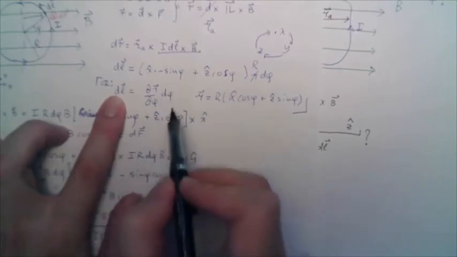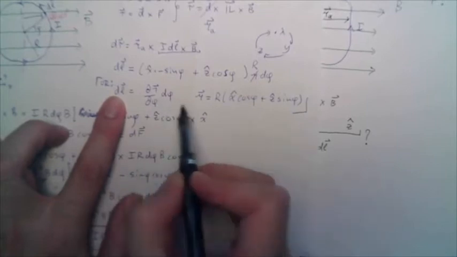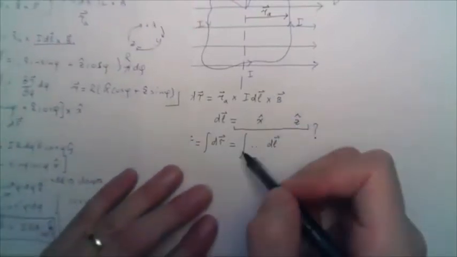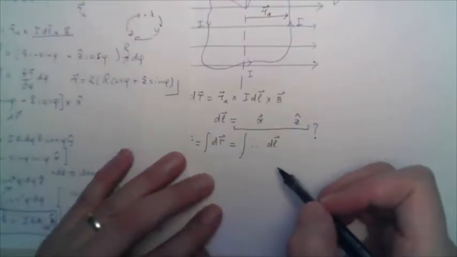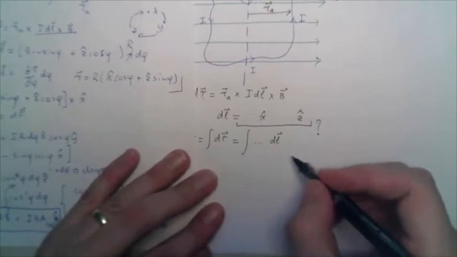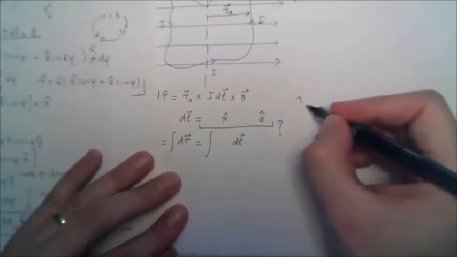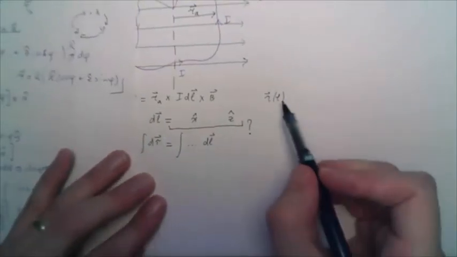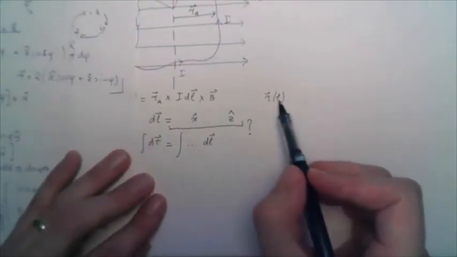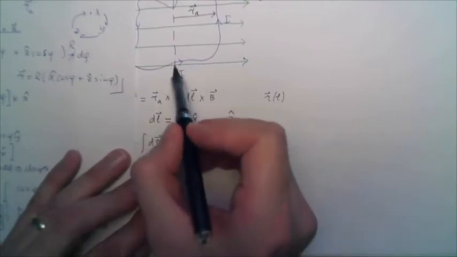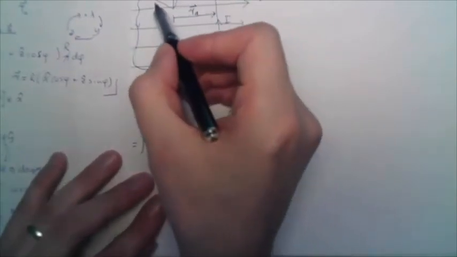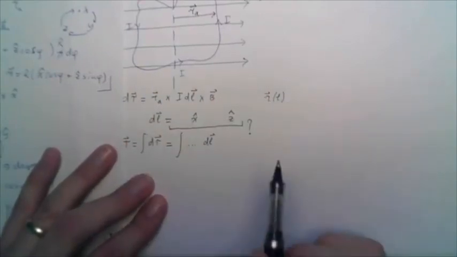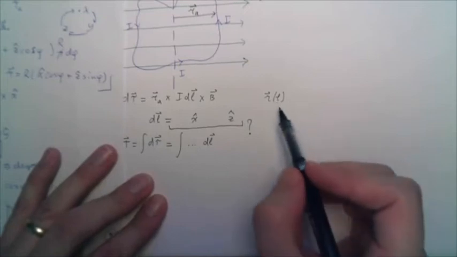But the cool thing is, you don't actually need to know exactly how it changes. You can say, I have some kind of a position, that is r, and it's a function of L. As I have a single parameter L that runs from, let's start here, 0 to whatever this circumference happens to be, I describe all the points on this wire.